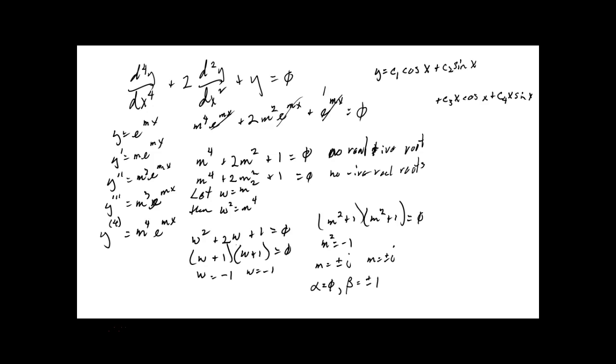If you had 2 of those, you'd also have x e to the alpha x cosine beta x. Our alpha here was 0, that's why we didn't have them. If you had 3 repeated roots, they would be x squared e to the alpha x cosine beta x, and then you keep on going. For every one that is a cosine, you also have one that's a sine. In example 4, the k was 2, your alpha was 0, and your beta was 1.